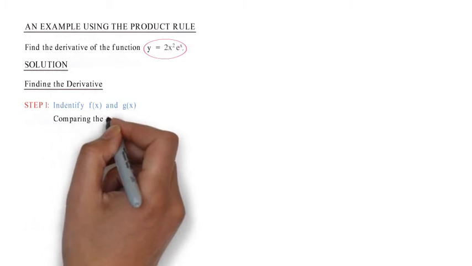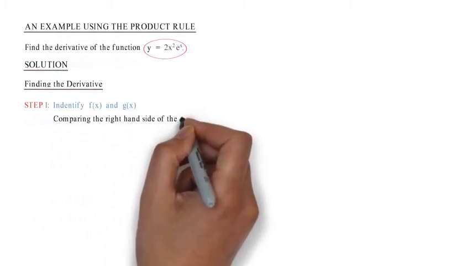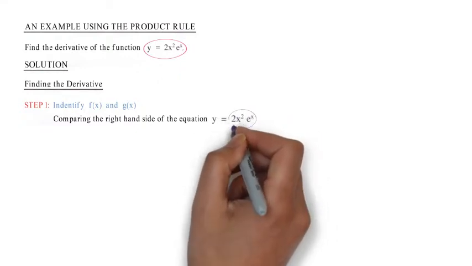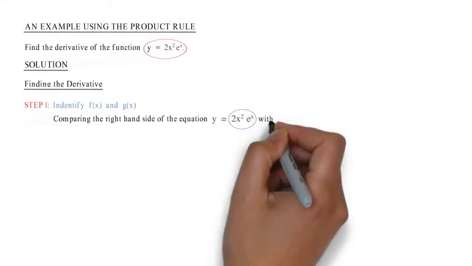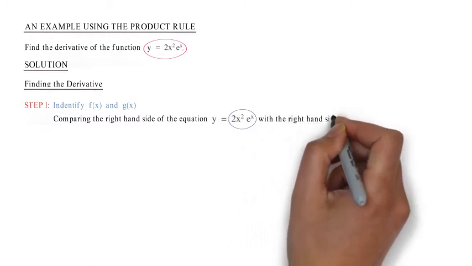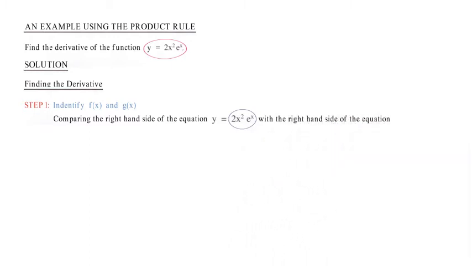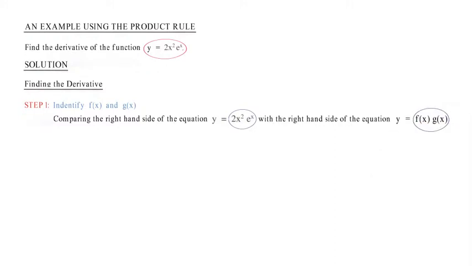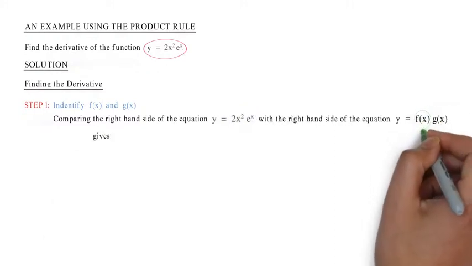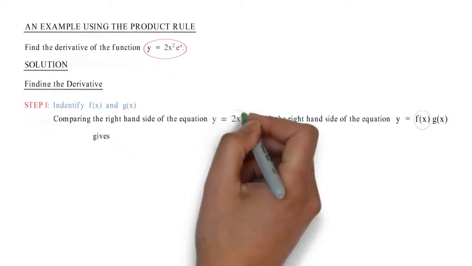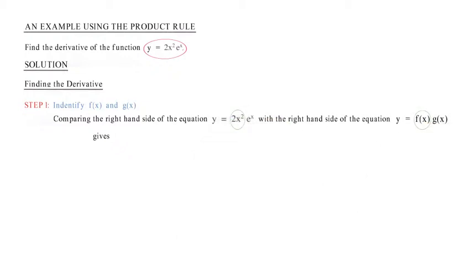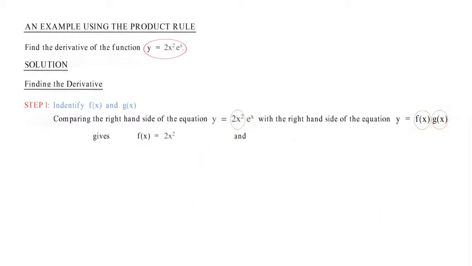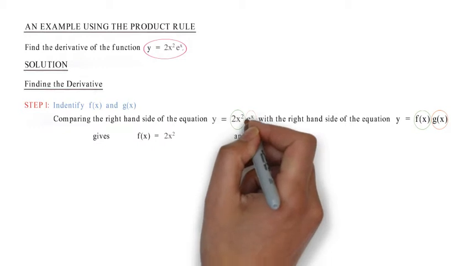Comparing the right-hand side of the equation y equals 2x squared times e to the x with the right-hand side of the equation y equals f(x) times g(x) gives f(x) equal to 2x squared and g(x) equal to e to the x.